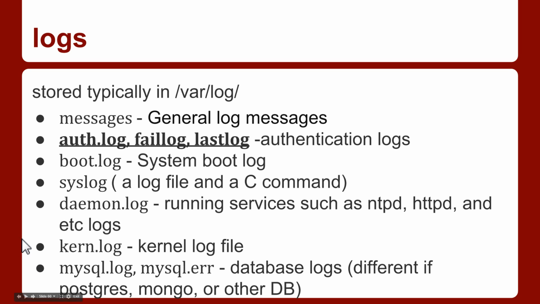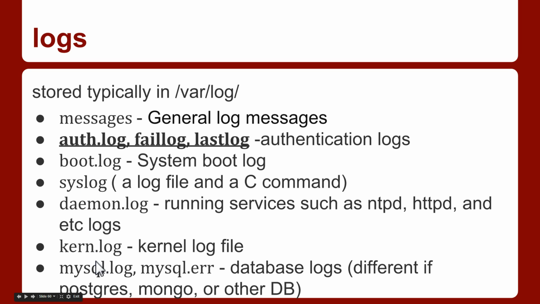So these are typically stored in /var/log, and the most common one is messages, which is just the generic messages. However, ones that are useful for authentication are auth.log, faillog for failed login attempts, and lastlog for last login attempt and activity.